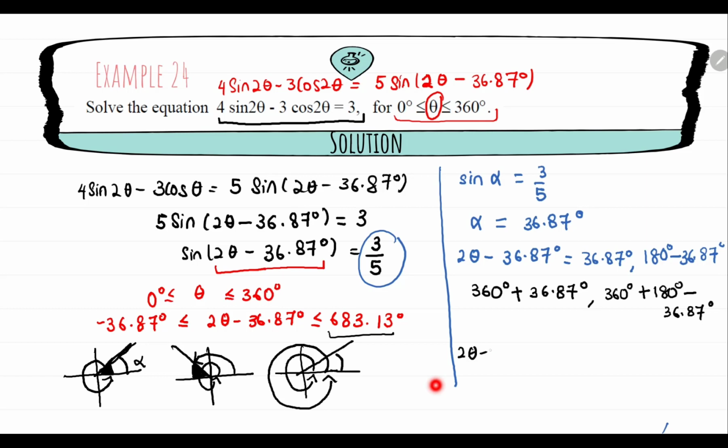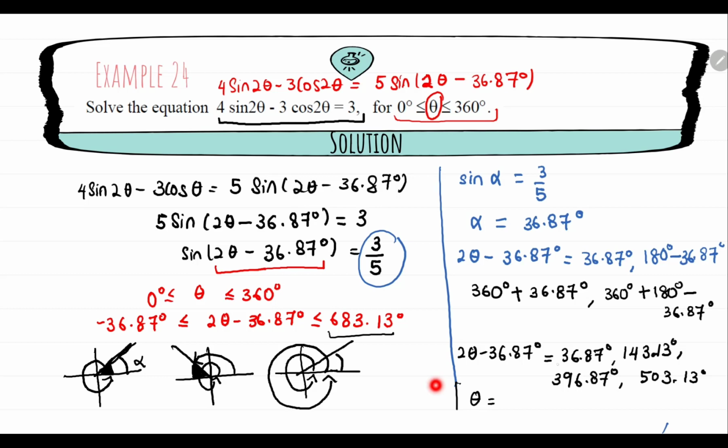So, 2θ − 36.87 degrees: the first answer is 36.87 degrees. 180 minus 36.87 degrees gives us 143.13 degrees, followed by 396.87 degrees, and the last answer 503.13 degrees. Remember, students, we need to find θ.